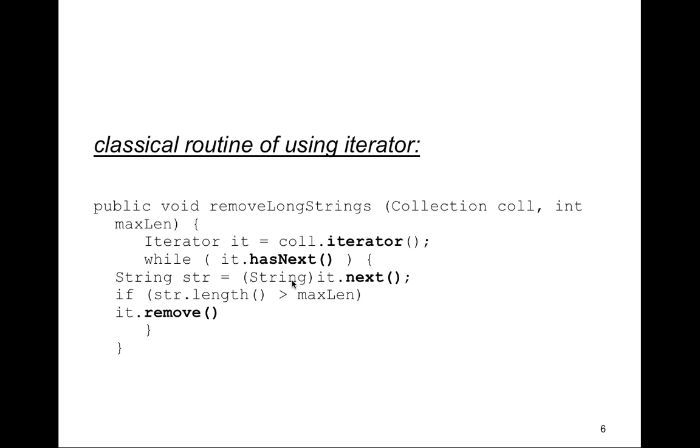If it's a number of some sort, it can be converted to a string, no problem, or if it's already a string. Then look at the length. On the string, we can run .length, which is a method available from the string object, and say, if it's larger than this maximum length, which we sent to the method, then remove it. So we're going to basically take a collection and shorten it to this maximum length by running this method on the collection.